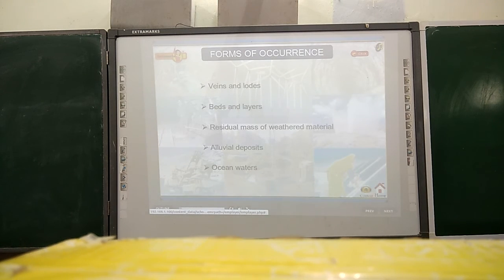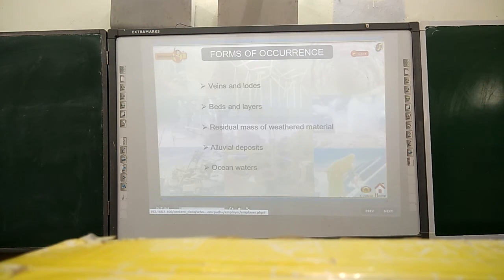Generally, children, the minerals are going to form in five places. One is veins and lodes. Second is beds and layers. Third is residual mass of weathered material.